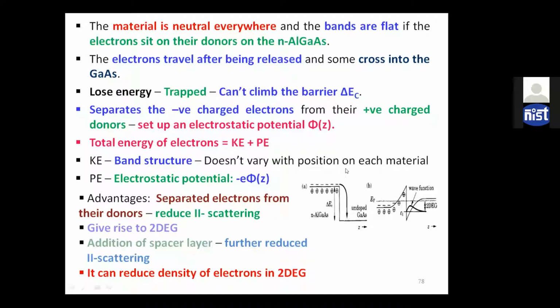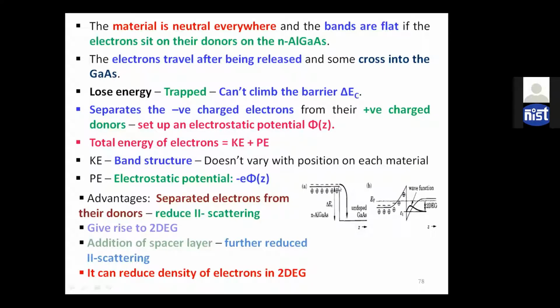However, due to this difference in electron affinity, the electrons travel after being released, and some of these electrons cross and come to the gallium arsenide. As the electrons come to the gallium arsenide, they lose energy and become trapped. Now the electrons are trapped in this region.